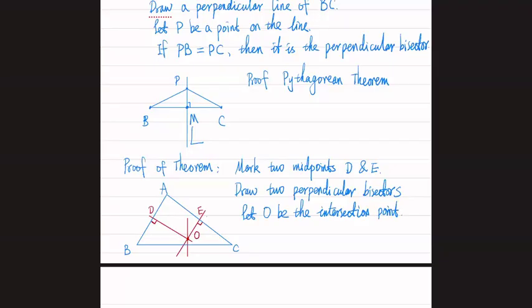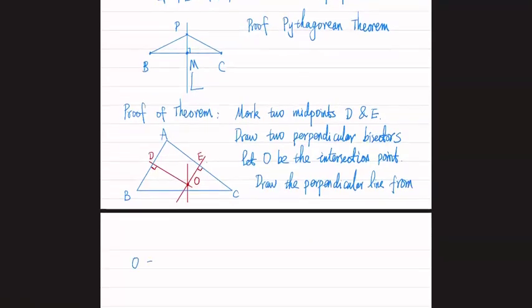The third one, we draw a perpendicular line from O to BC. Okay, so be very careful this time. We draw a perpendicular line.